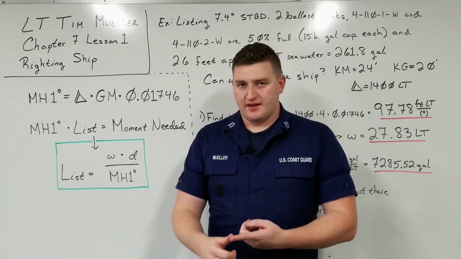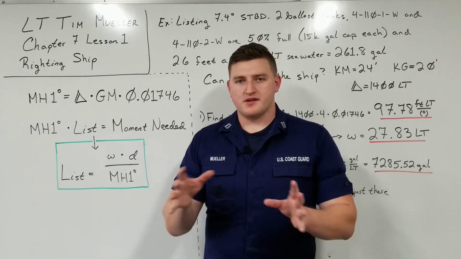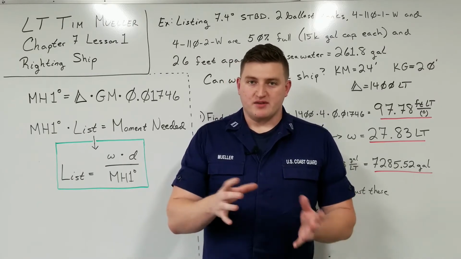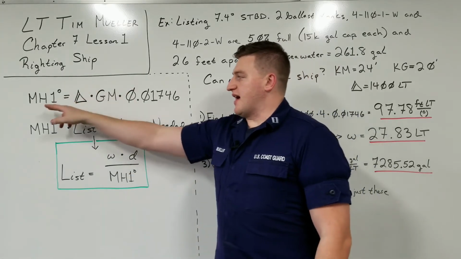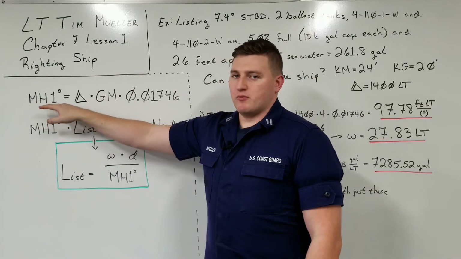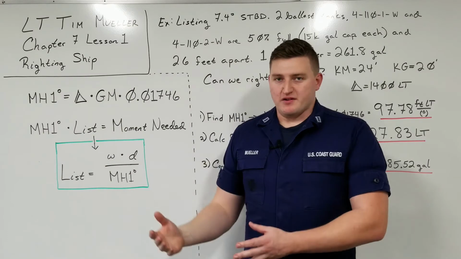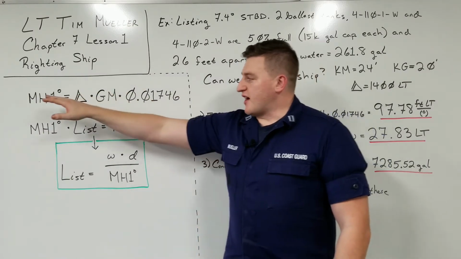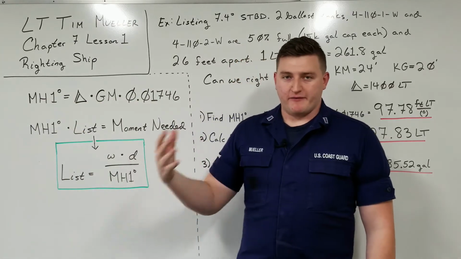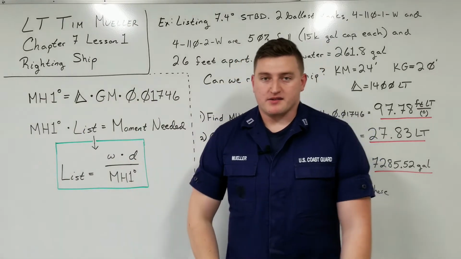When it comes to heeling or listing, no matter how the forces are acting on the ship, inclination is still just inclination. So it really can be resaid as moment to incline the ship 1 degree. But that would get confusing with things like tons per inch immersion, which we had talked about. So we just use MH1, which looks very different than anything that we've used in the past.